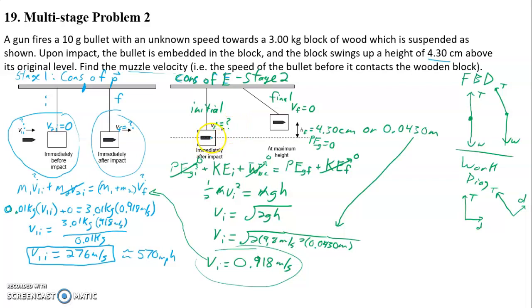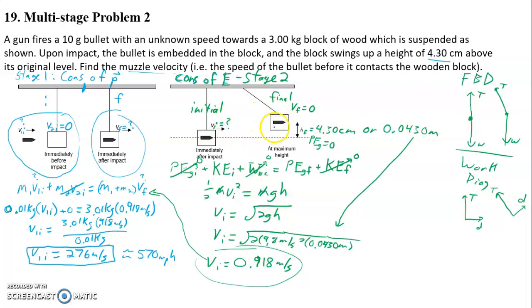It would be a difficult thing to apply conservation of momentum to for beginning students, because there's an outside force pulling on it, so the net force on the system is not 0, and so we would have to really think about this from an impulse standpoint, and that's more complicated.